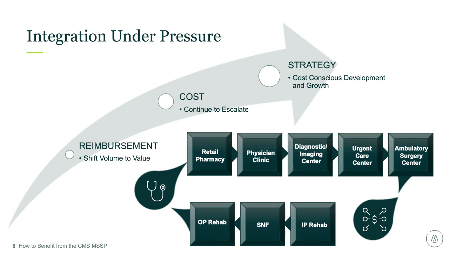Cost is always going to be there as a pressure. But what we're trying to convey here today is the ability to use this trend and these models, whether you're talking about clinical integration in an ACO-type model or some other version of value-based reimbursement, value-based business. The idea is to deploy these as part of your strategic imperatives because they can create a discipline within your organization that may be a little bit different.